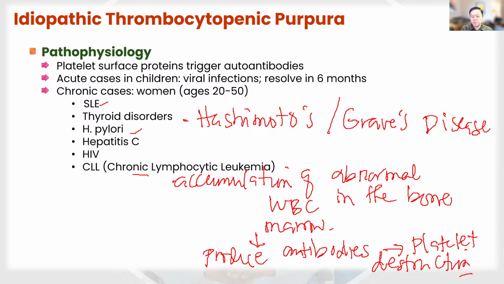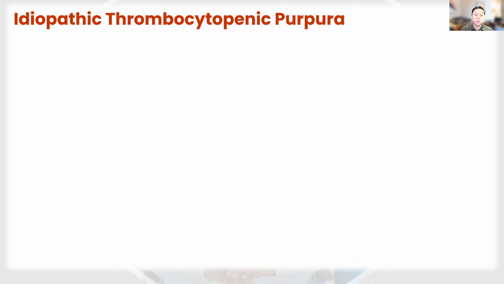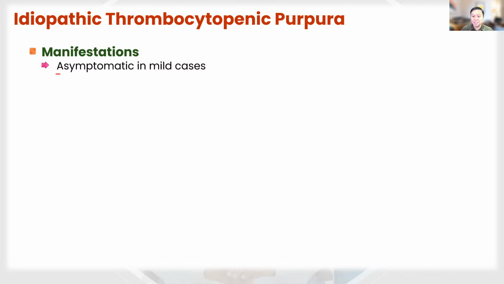Now, we will be talking about the clinical features. What are those manifestations that you will be seeing in a patient with ITP? Well, those manifestations can vary as well. It can be asymptomatic for those patients in mild cases.